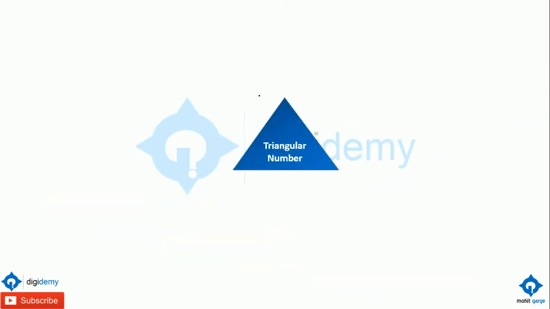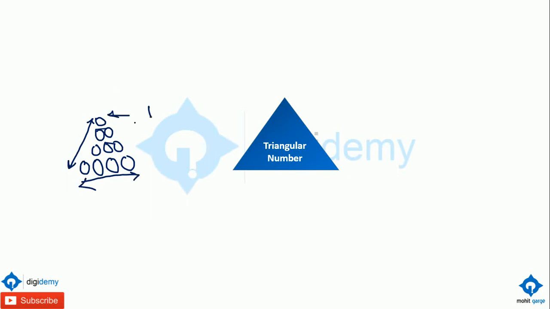Then there are other types of numbers which are known as triangular numbers. What are triangular numbers basically? Triangular numbers are those numbers from which an equilateral triangle can be formed. So how can it be formed? Let's see. 4, 3, 2, 1. So this is an equilateral triangle. And how can it be formed?